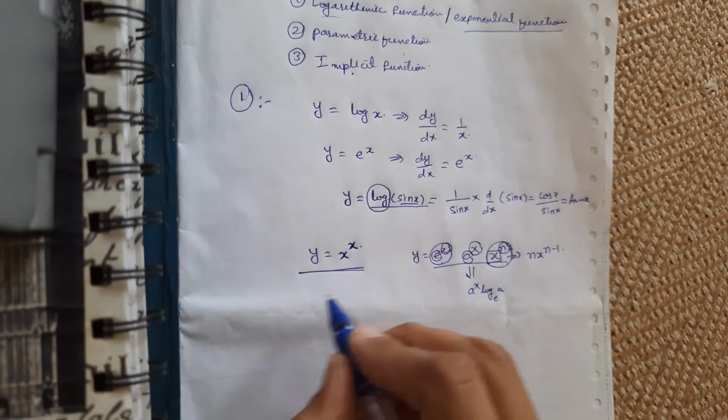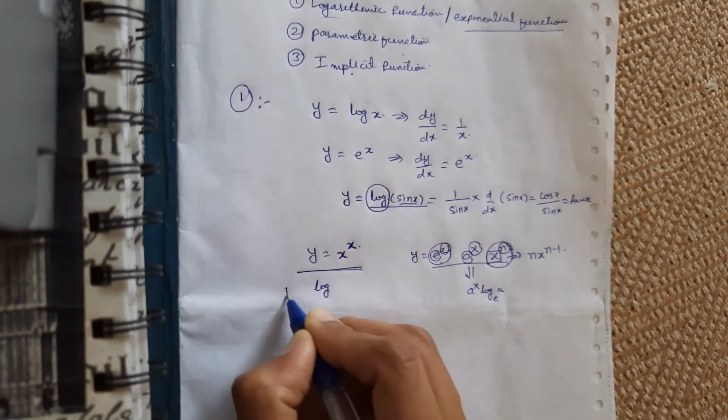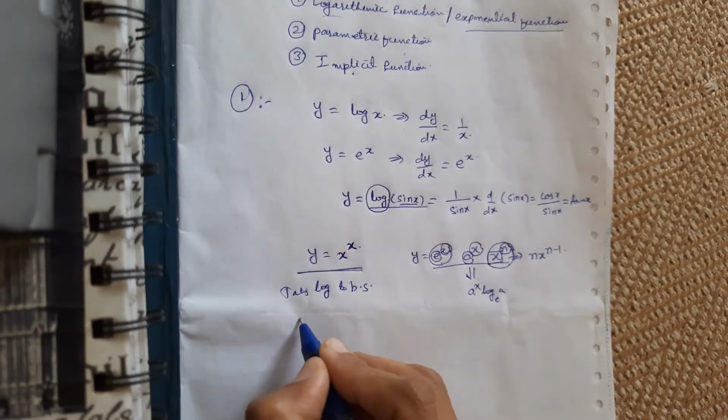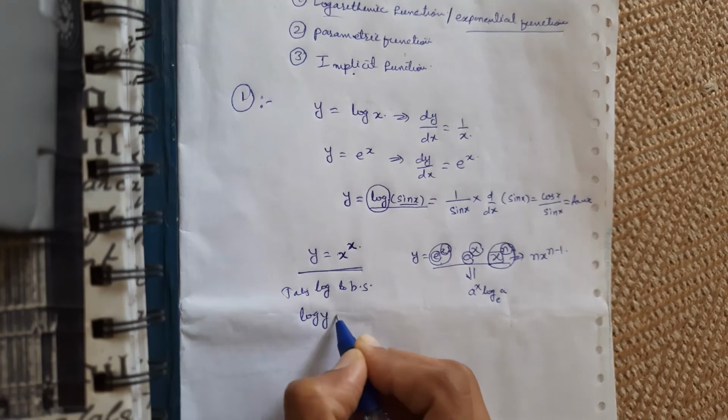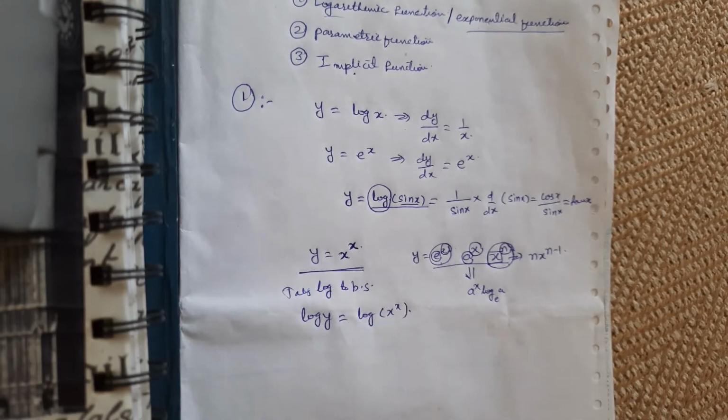So in this case what I do is take log to both sides. Taking log to both sides, what will happen? Log of y equals log of x to the power x.